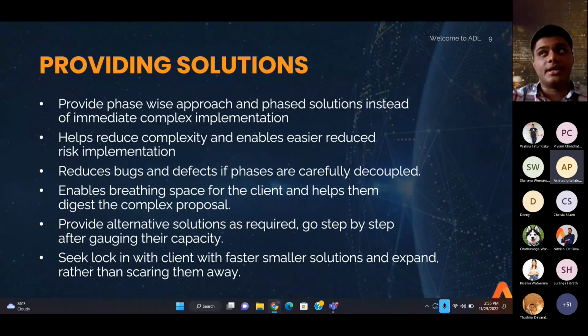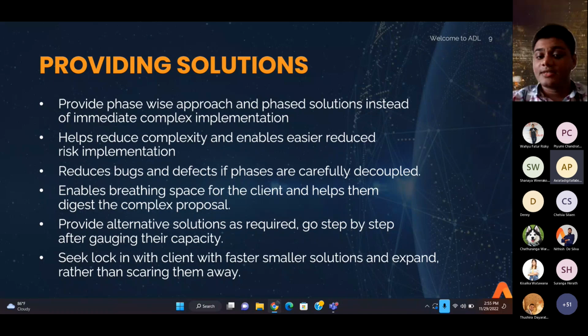If you are partnering with a client and you are asking for an entire application to be rebuilt, it would not be a positive answer from them from a business perspective. Therefore, provide breathing space and go one by one. For you, it's a one-day job because you have one year or several years of experience in that. But for them, it would take time. So therefore, provide breathing space.